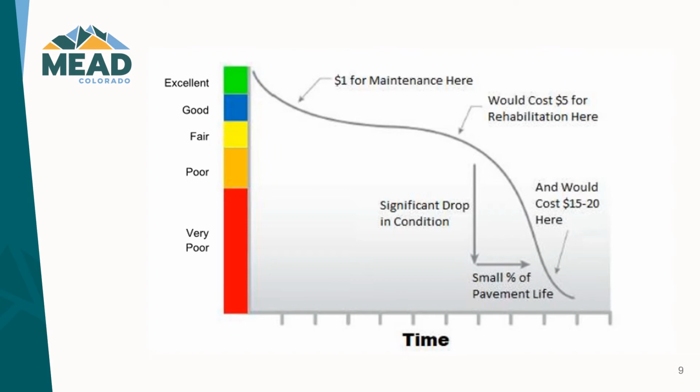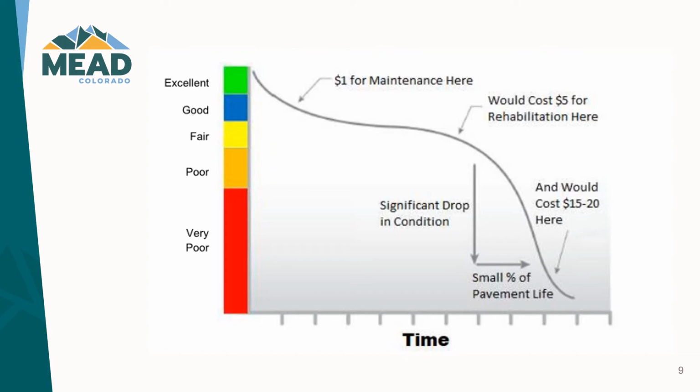About halfway through, we see rehabilitation would cost $5 to rehabilitate a road, say in the fair category. And if we wait till the end of the pavement life, those costs are $15 to $20 to reconstruct those roads. Obviously, we want to focus our efforts on the least expensive options for as long as possible.